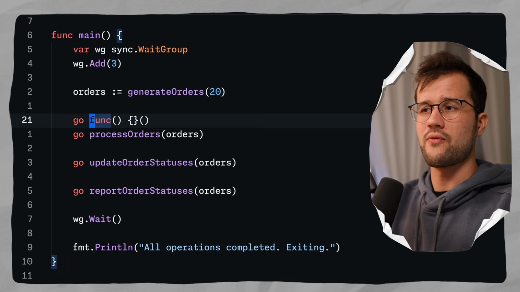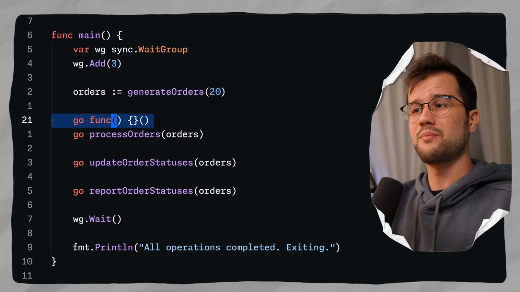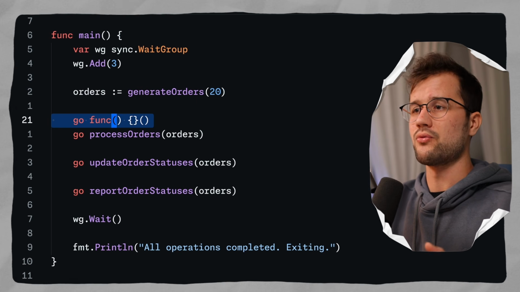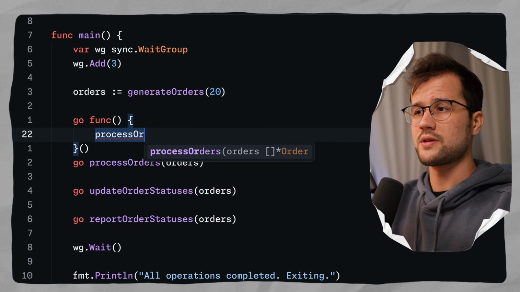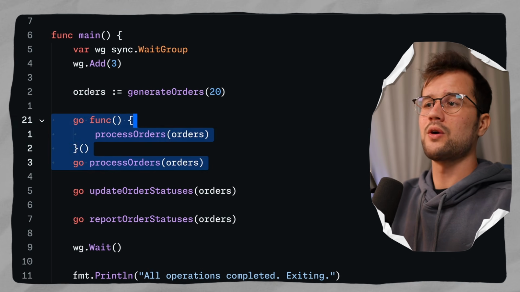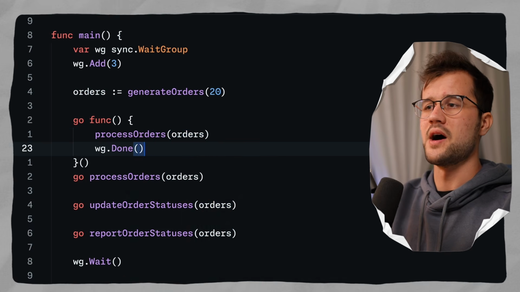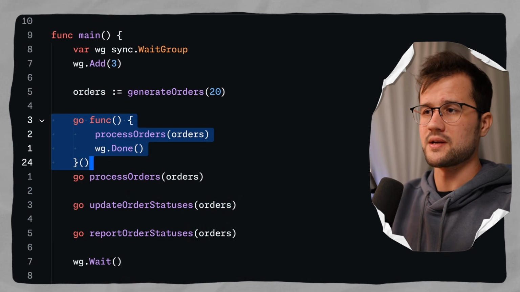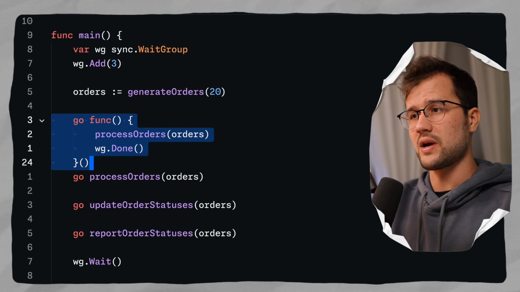So we can say go func, and then this whole block and this function will be executed in a Goroutine. And what we can do now here is call process orders. However, what we can do is we can say wg.Done in this Goroutine, right? So we are not passing the WaitGroup into the function directly.